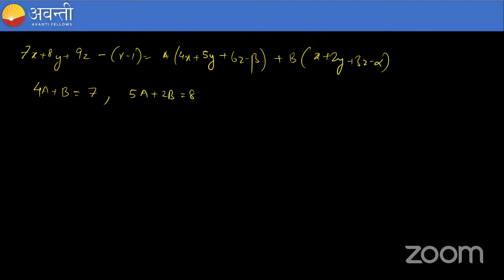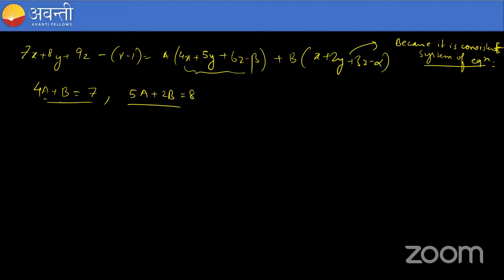And then since we need to find out a and b, we need only two equations. This is the reason, because it is a consistent system of equations, right? So we can write a times L2 plus b times L1 is equal to L3, right?